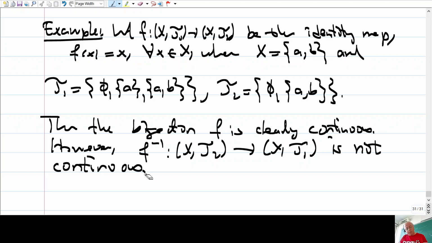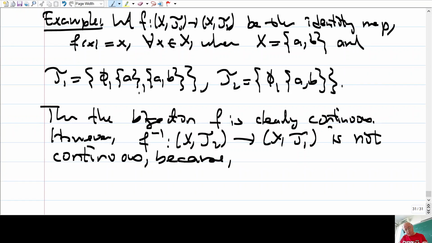Okay, why is that? Because what is the inverse image of this open set?